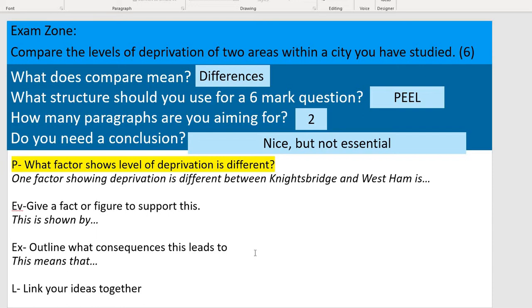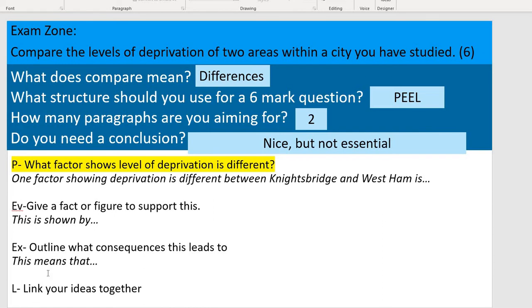So if you've chosen to do the one about education levels and GCSE levels, you could write about how if you've got fewer decent GCSEs, that can lead to deprivation because it reduces your ability to get a well-paid job if you've not got a good standard of education. And then you need to link those ideas together.